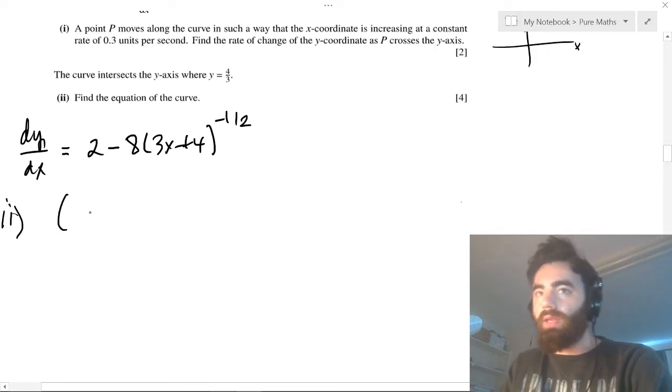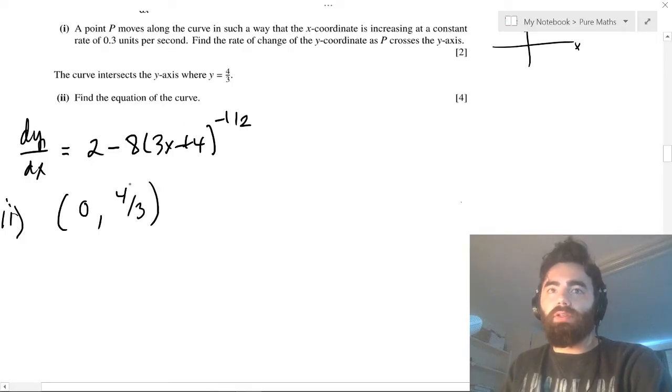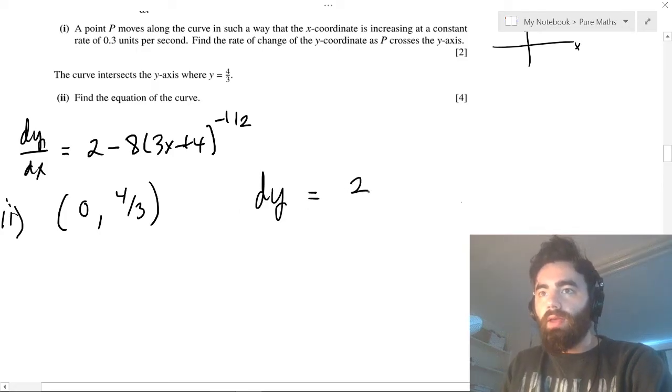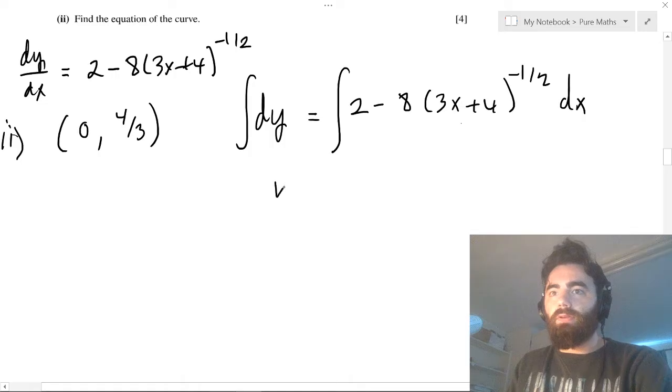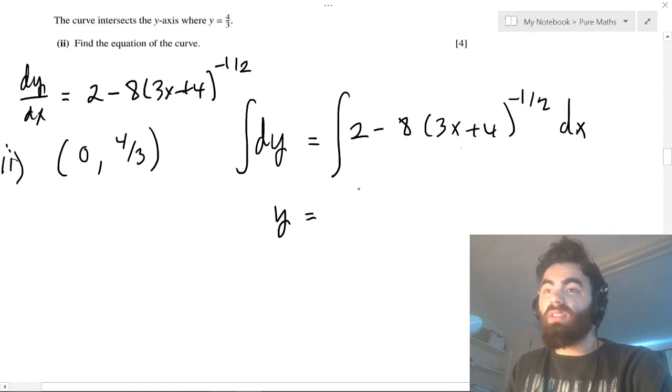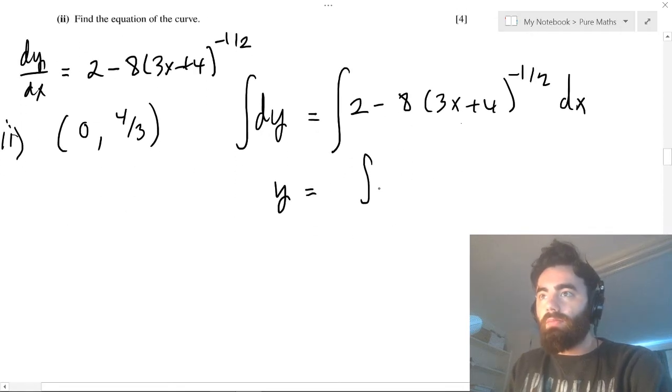Again, it passes through the point (0, 4/3) and wants us to find the equation of the curve. Well, we're given this, so the equation of the curve we can find by integrating this. So our y is going to equal, and you can split this up because it's distributed, I think that's the word mathematicians use.